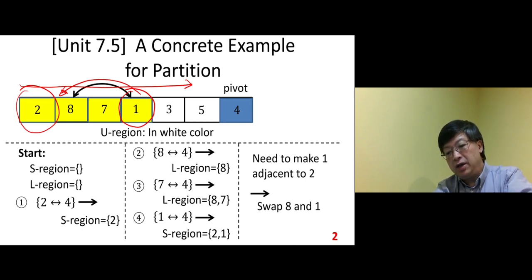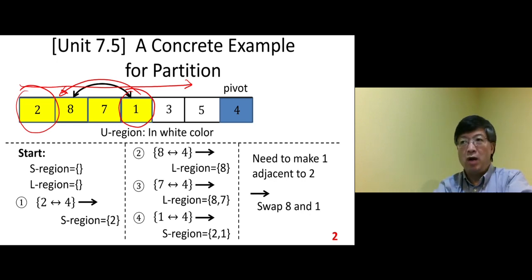Swap 8 and 1. One swap, then we can make S region and L region, all the elements in these two regions, take consecutive locations.